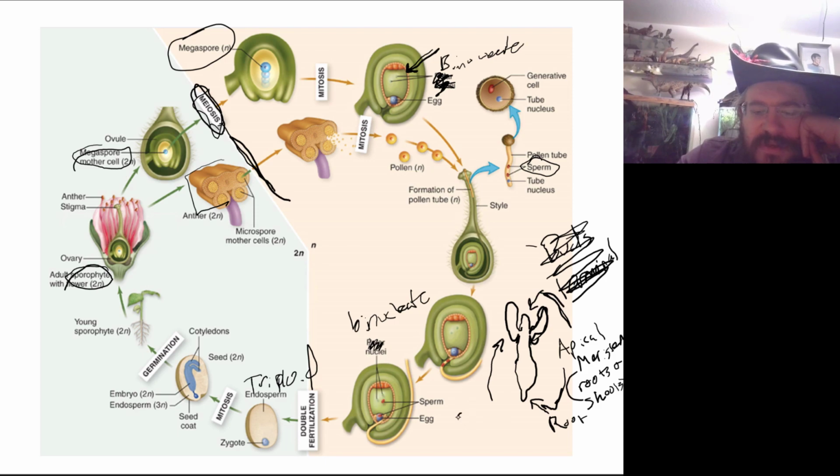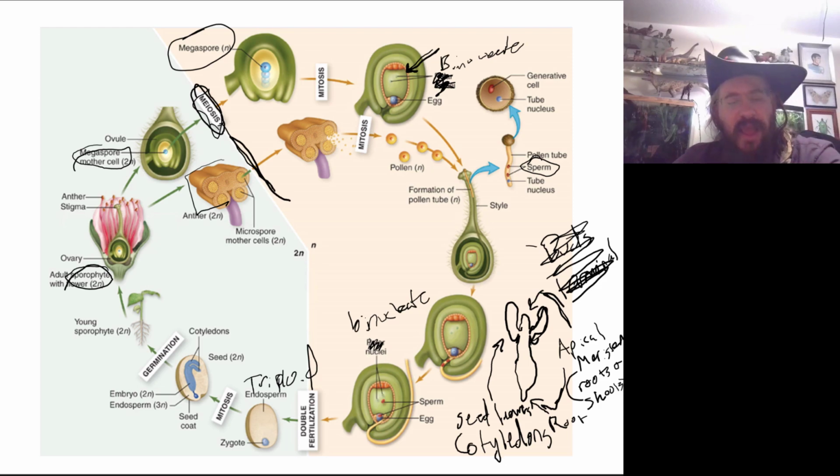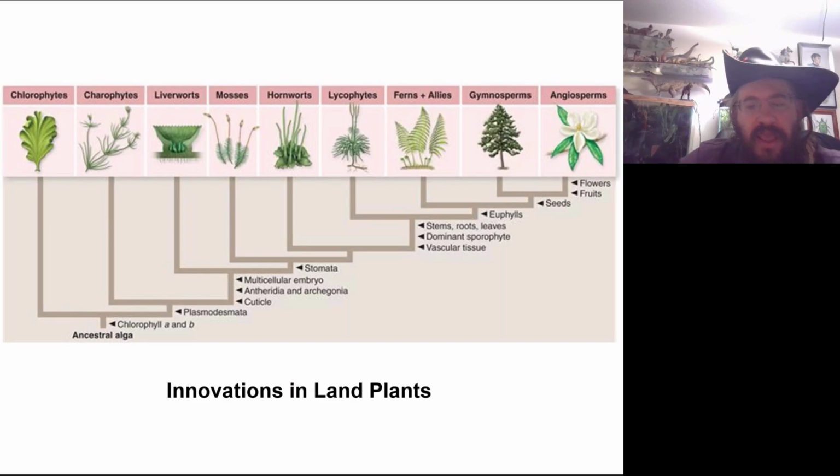The seed leaves, which of course this is science. They have to have their own term, the cotyledons. So that's pretty cool. I think I'm getting into plant anatomy stuff that I believe I have in the next lecture. This is just all about plant evolution.